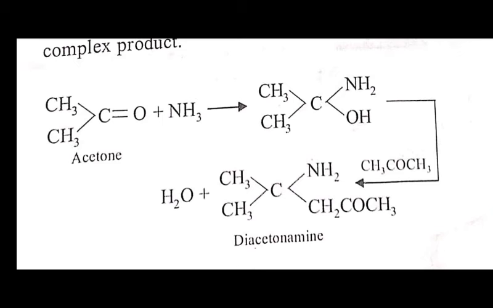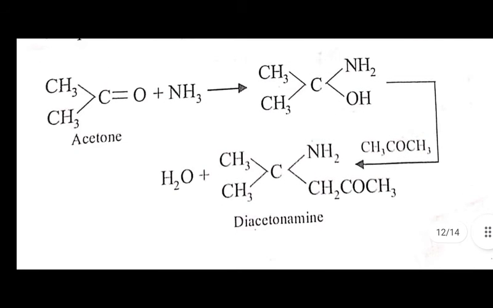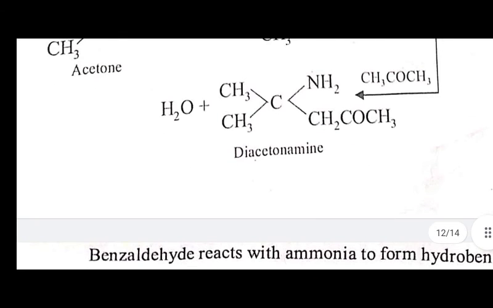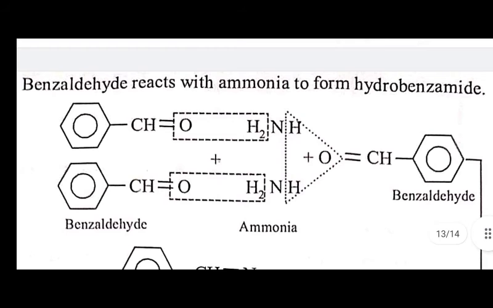And a second ketone molecule can also get added to this particular product or the intermediate to form diacetonamine. So this deviation can take place in ketones, but normally we consider this as extra information. The normal information is that ketones can also form the product like aldehydes. Benzaldehyde reacts with ammonia to form hydrobenzamide.